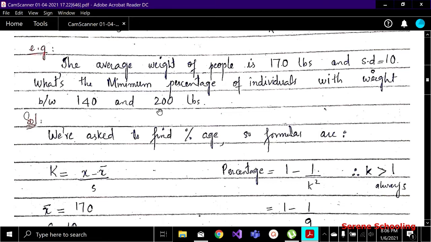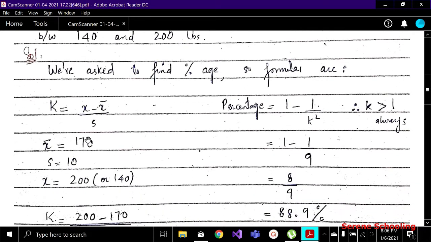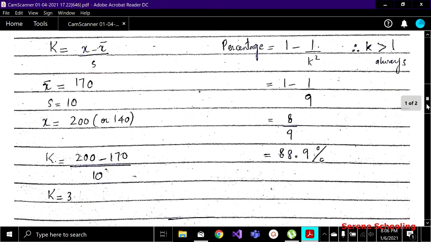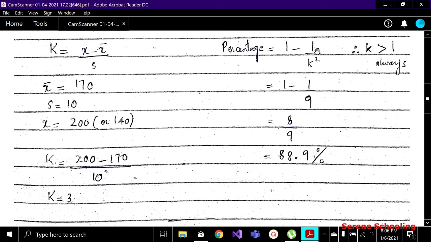So you can use either of these two as your x, okay? I'm using 200 over here, so by putting these values, (200 minus 170) over 10, you get k equals 3, okay? And then after putting 3 over here, you get 1 minus 1/9, which is 8/9 in points. Then you convert it into percentage by multiplying by 100, you get 88.9%, because we have to find the percentage and not points, so you have to convert it to percentage.